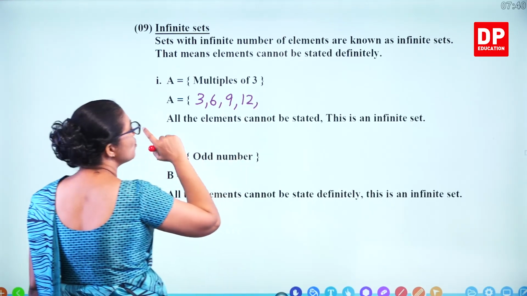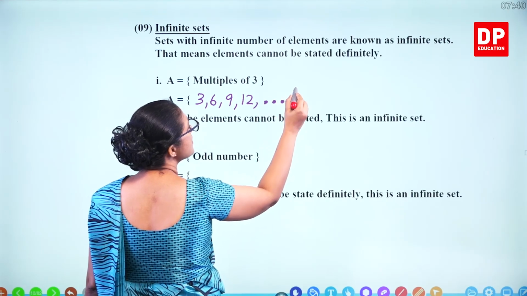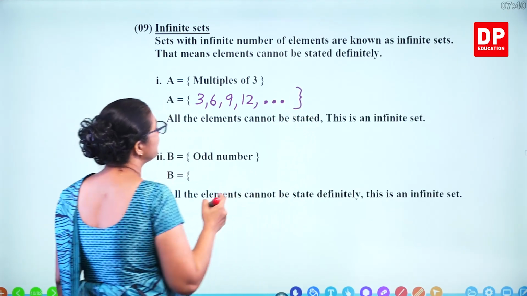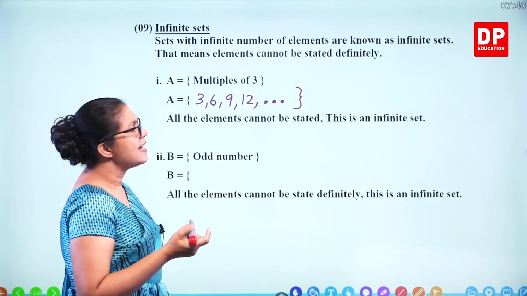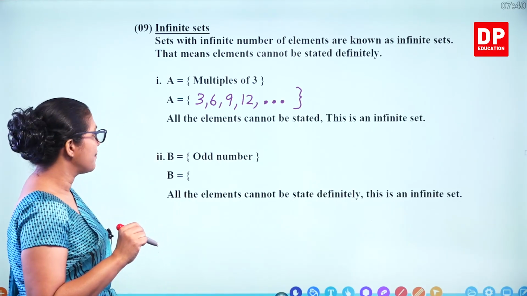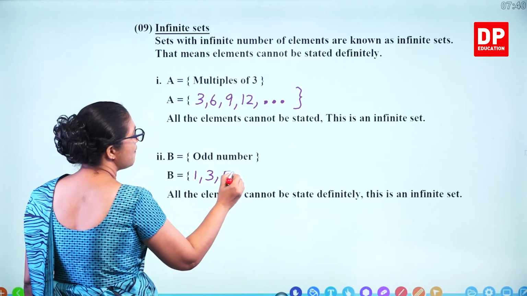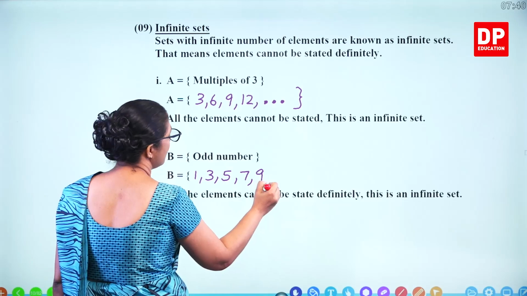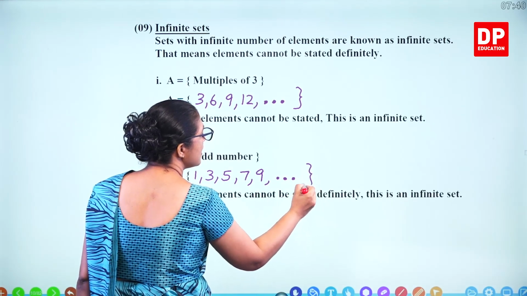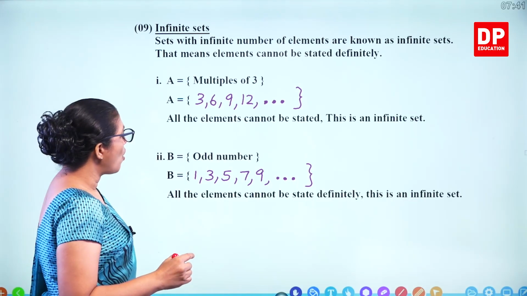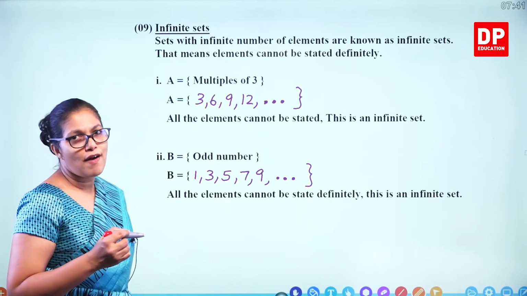Then we can put 3 dots to represent that this is continuing. All the elements cannot be stated. So this is an infinite set. Odd numbers: 1, 3, 5, 7, 9. We can't write all, so we put 3 dots and close the bracket. So this is an infinite set.